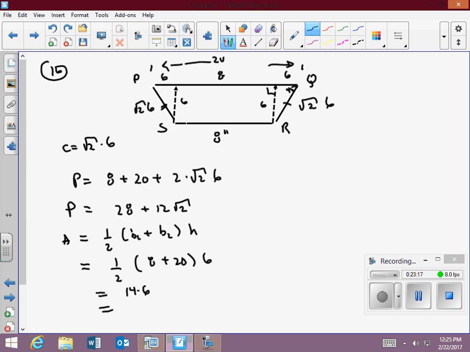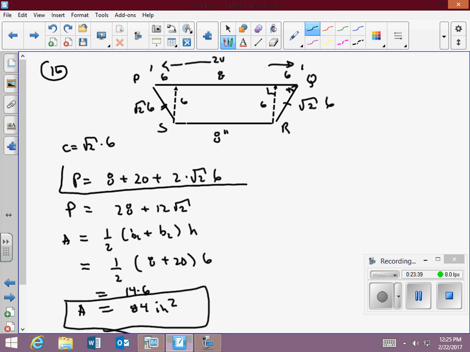What is that? 84 centimeters squared. Is that, no, inches squared? So that should be the area. And then I guess this is the one that has simple form, and this is just inches.